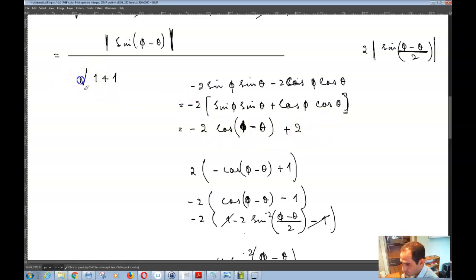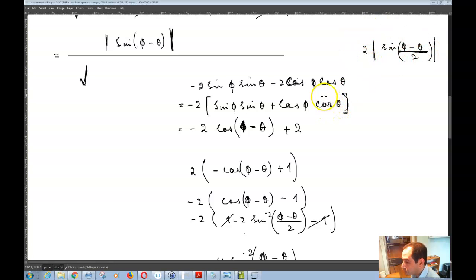Under the square root function we have this expression, and once it comes out of the square root, it has to become this thing over here.